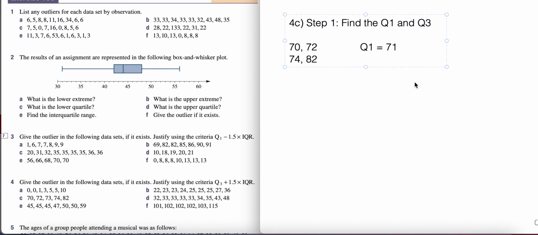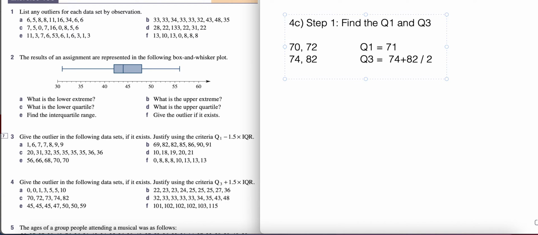Let's look at the next set of data. So we have 74 and 82. Now try and figure out what's halfway of 74 and 82. And that will give you your Q3. Now, if you can't mentally process it, I suggest you just add 74 plus 82, and then you have to divide it by 2 because there's 2 of them.